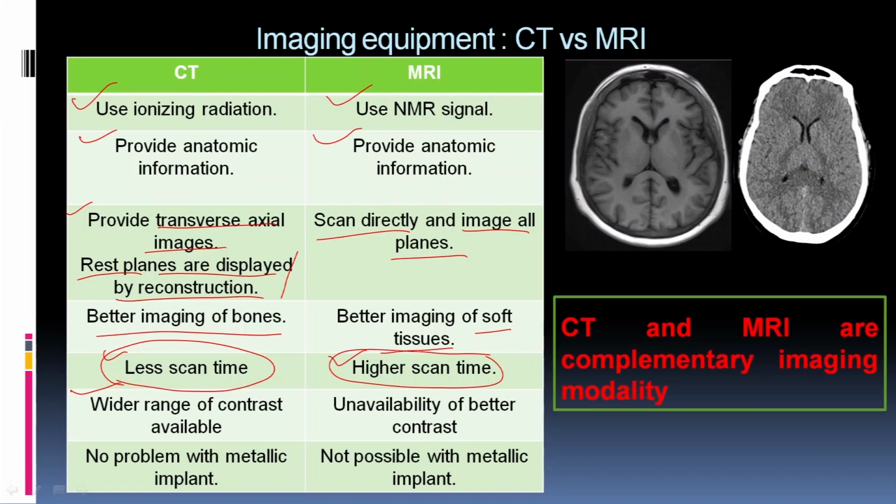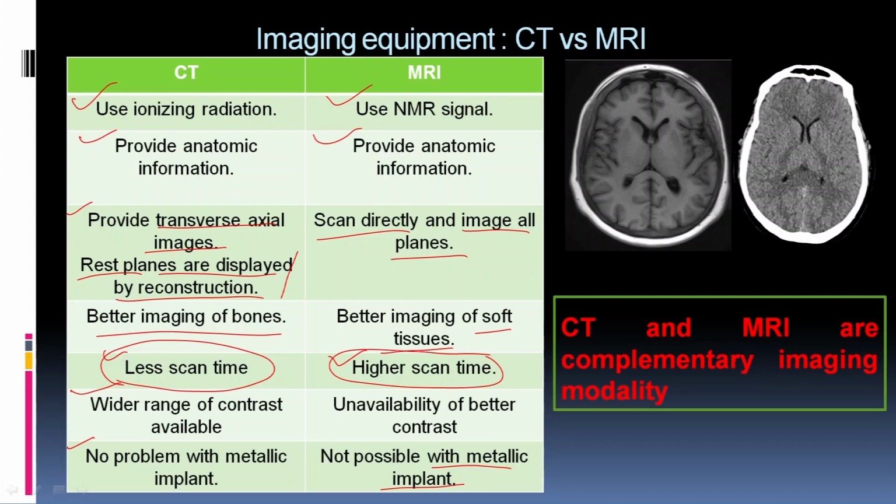In CT scan, there are no problems with metallic implants, because many patients come for imaging with metallic implants in their body, so they are not fit for MRI scanning and are scanned only by CT machines. So patients with metallic implants are not possible in MRI scanning.